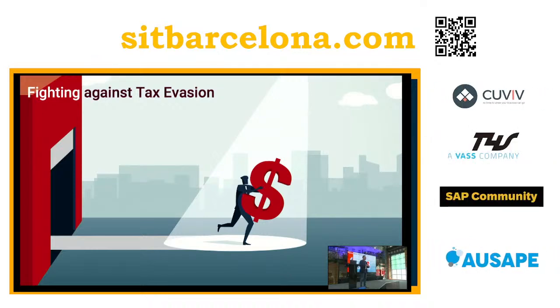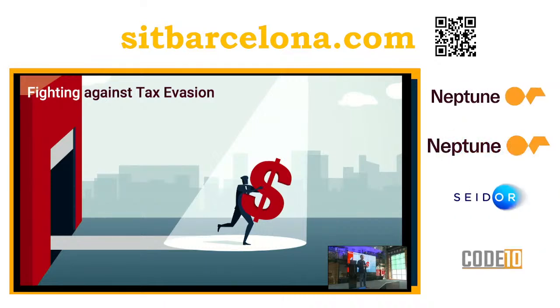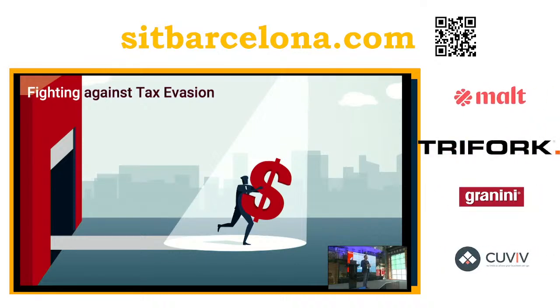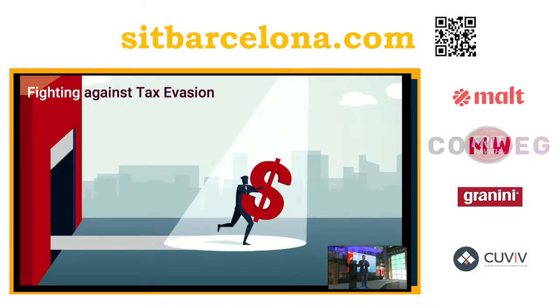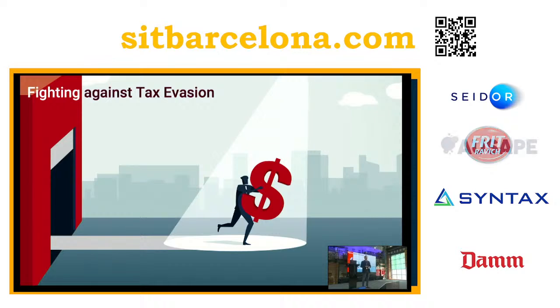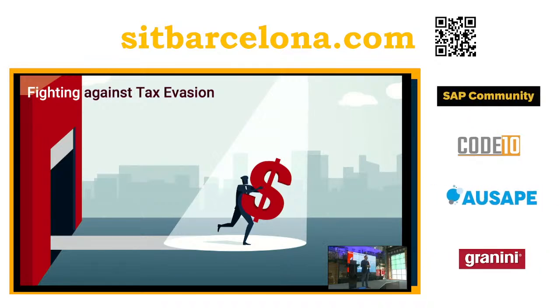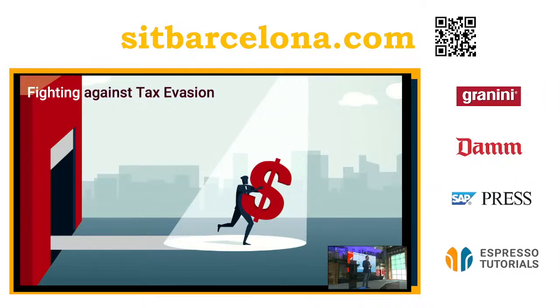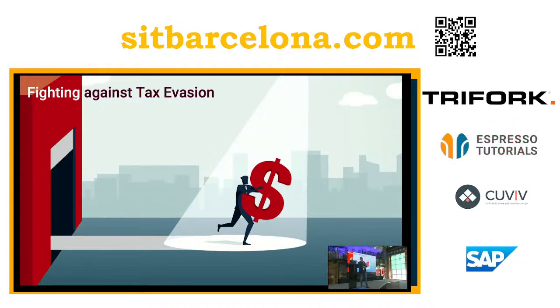You could do a lot of bureaucracy through the internet. It was no longer necessary to go personally to a place to get some paper from the government. Now everything is possible to do from home using your digital certificate or your DNI card or something like that. But this is of course not enough to fight against tax evasion.